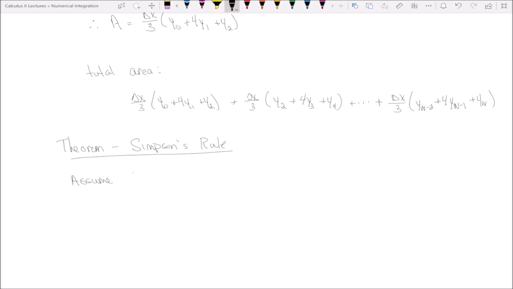As with the previous two, we assume f of x is continuous on the closed interval AB.